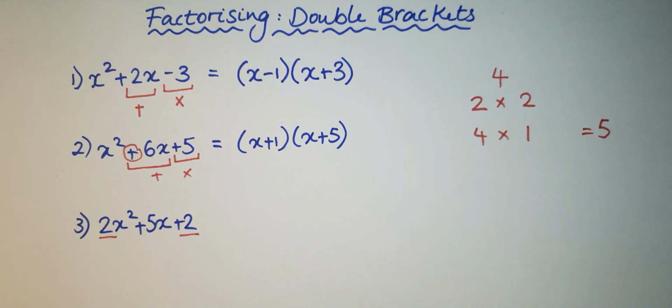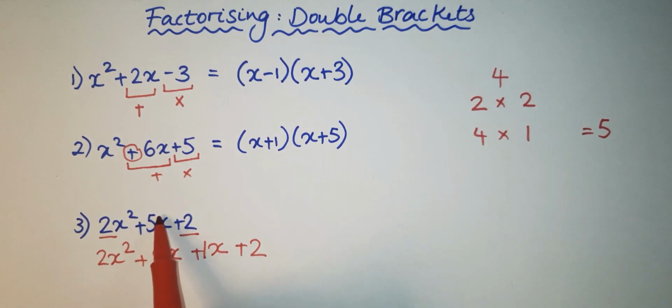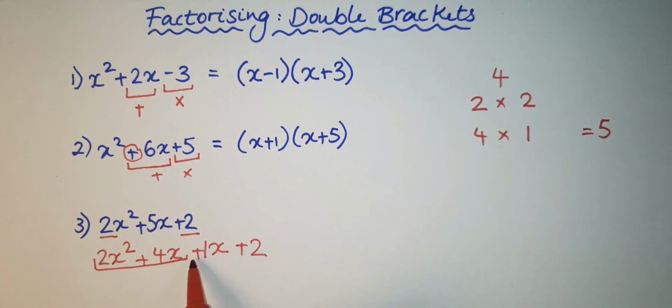So what we do is we rewrite this whole thing as 2x squared plus 4x plus x, which is the 1x, plus 2. So we've just split up that 5x into 4x and 1x. Now all we have to do is look at this part separately and this part separately.